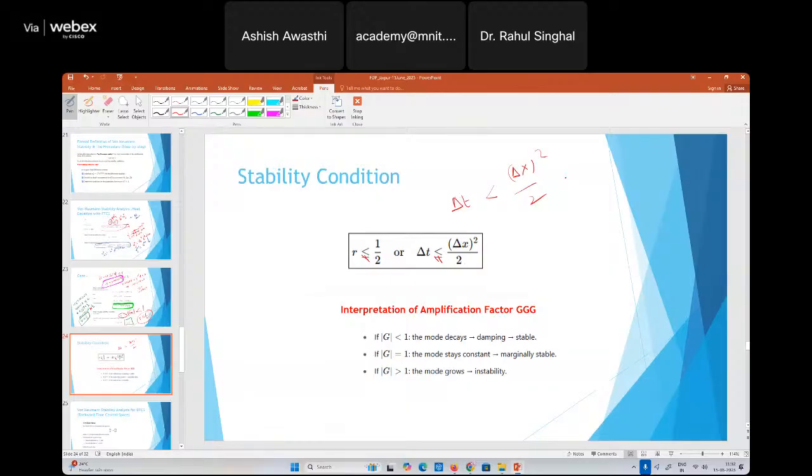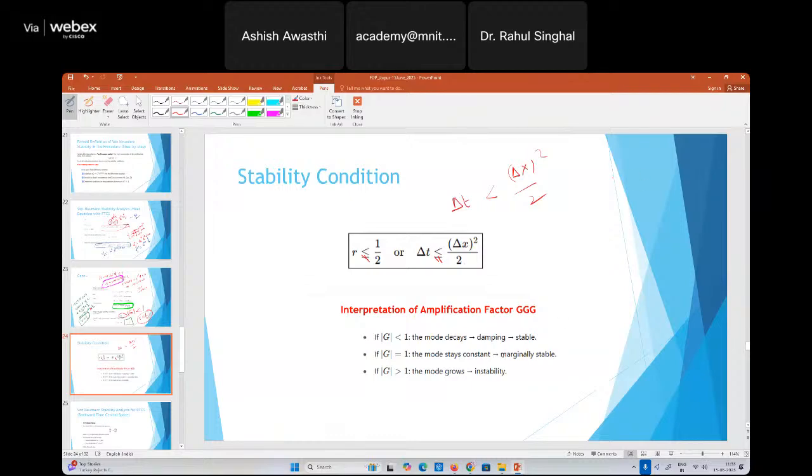That means the chances of error growing is almost nil. But if you use equality, there is a chance that the error may not grow, but it may not decrease either. Error will decrease when G is less than 1. If it is 1, it may not grow, but it will not decrease.